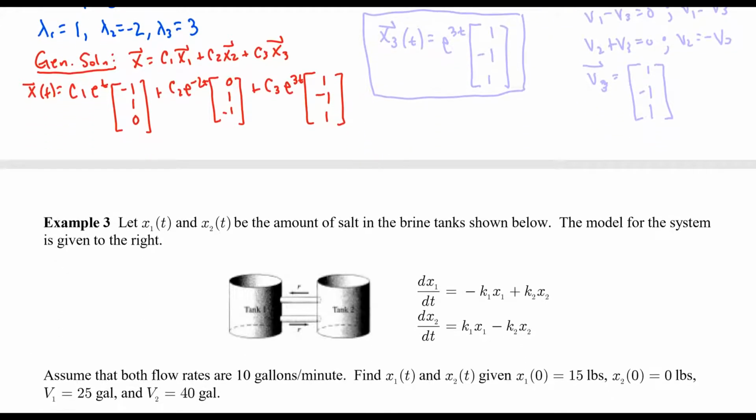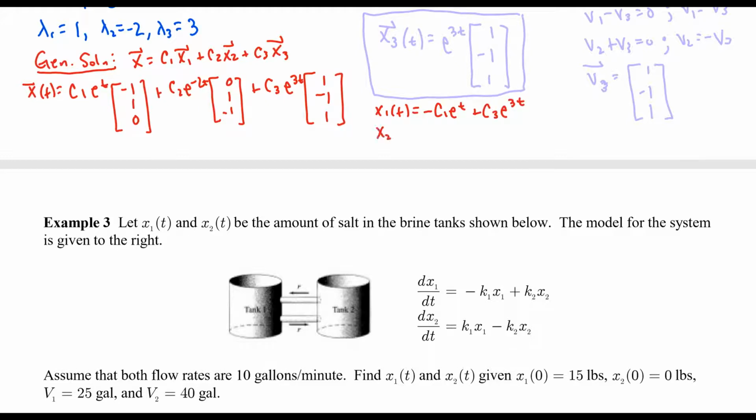But if you're a little unfamiliar with matrix form, let's go ahead and translate this into 3 equations, 3 variables. Sorry about running out of room here. I'm going to write it really small over here. So looking across row 1, we have negative c1 e to the t, 0 times c2, and c sub 3 e to the 3t.